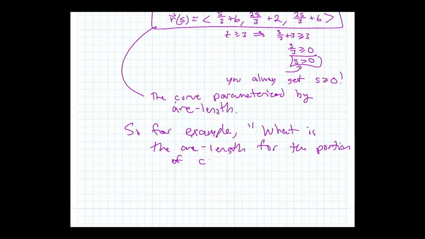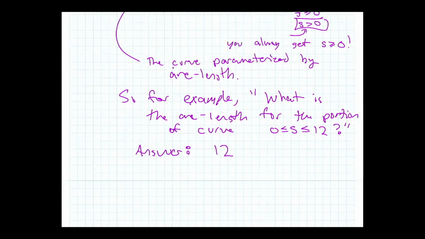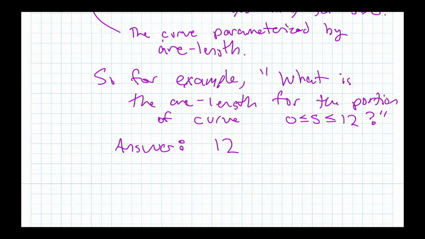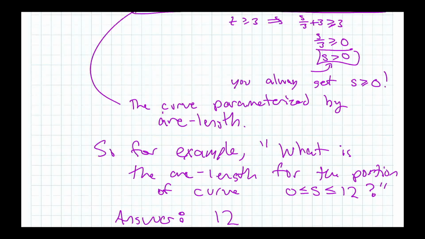So the portion of the curve in, let's just say, s between 0 and 12, for example. What is the arc length in there? Answer: 12. Right? That's the point of having the curve parameterized by arc length. If somebody asks you what's the arc length between 0 and 12, you just say 12. Easy peasy. And that's the whole point of doing that.